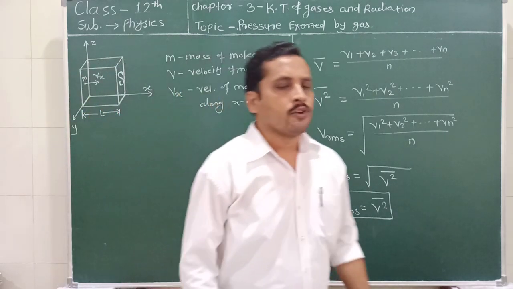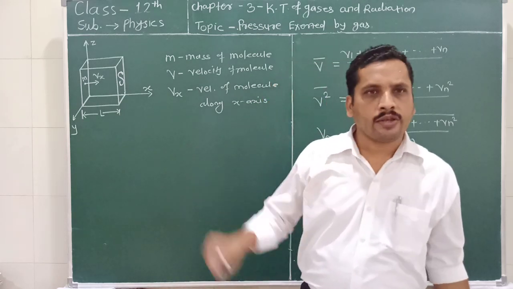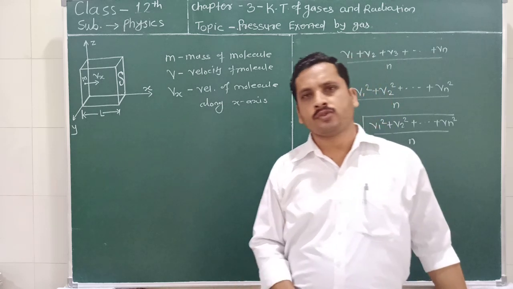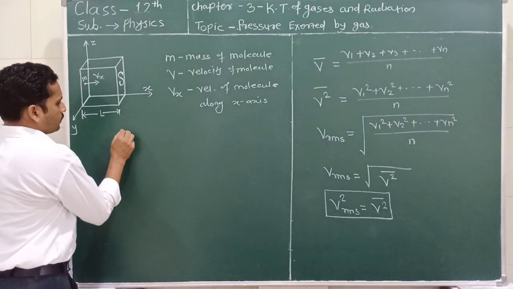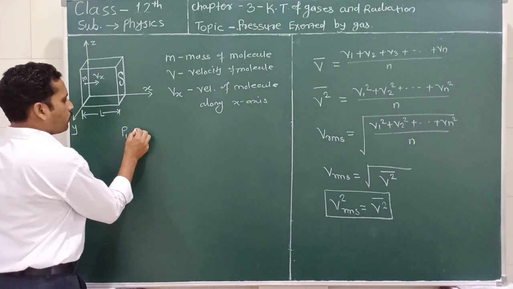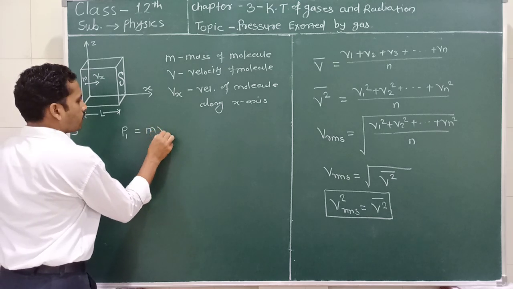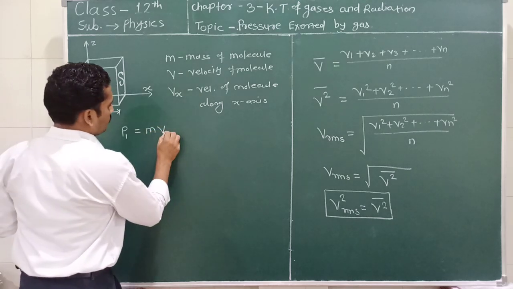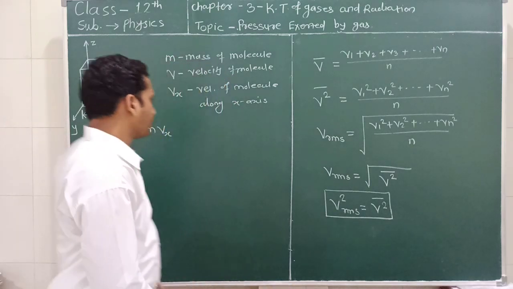Now we know if a molecule is moving, a momentum is associated with it. So we calculate the momentum. Suppose the momentum of the particle before collision is P1, equal to mass multiplied by velocity, so it is m multiplied by vx.